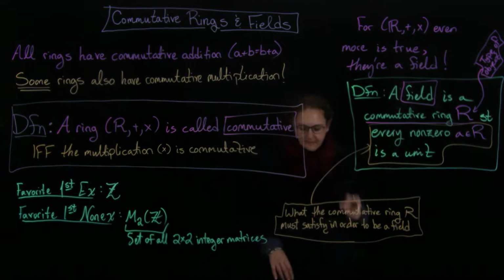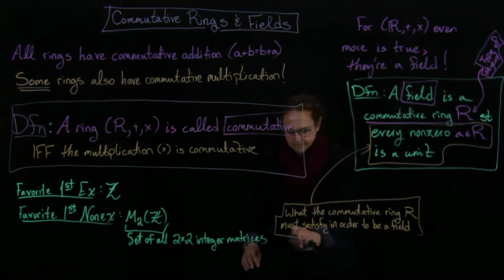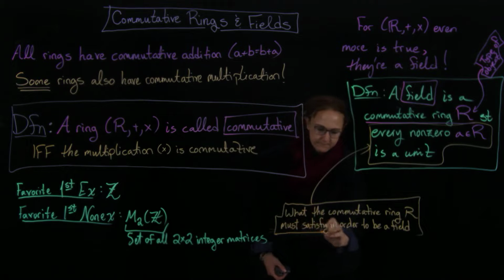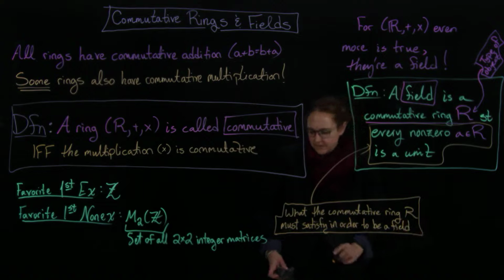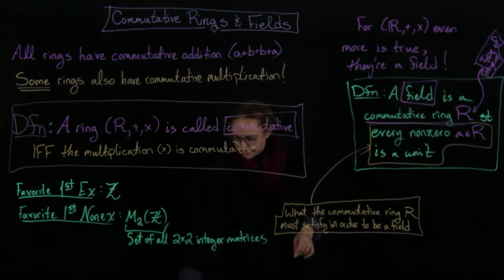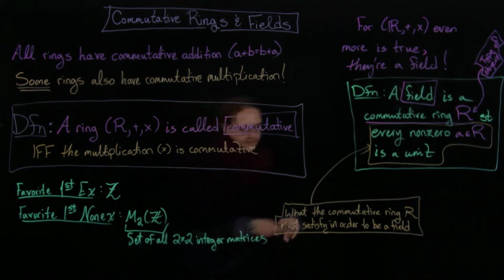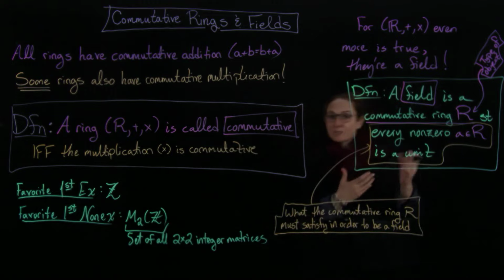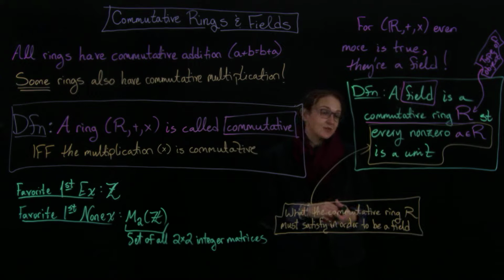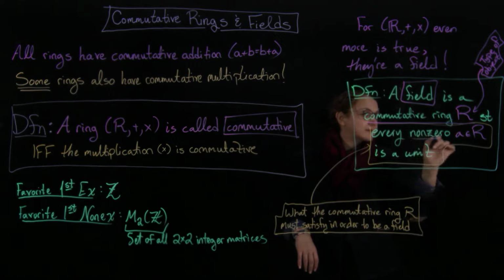Something else I want to highlight is that it's actually necessary. This property has to do with certain elements having to satisfy certain properties. In particular, we're looking at every non-zero element.